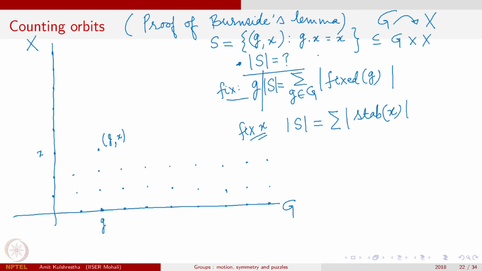This summation of fixed points, when g is moving all across the group, is the same as the summation of all the stabilizers where x is moving all across the set X, and I just equate these two numbers. So before I do that, let me make an estimate for the summation of sizes of stabilizers.